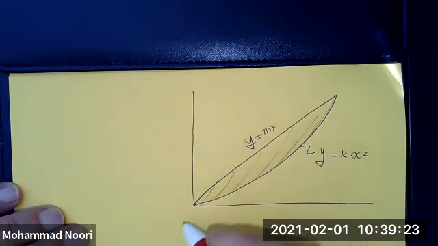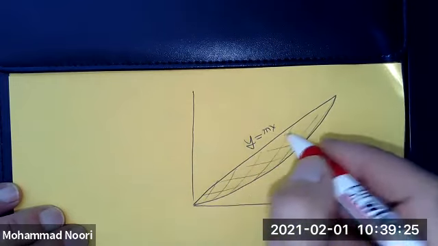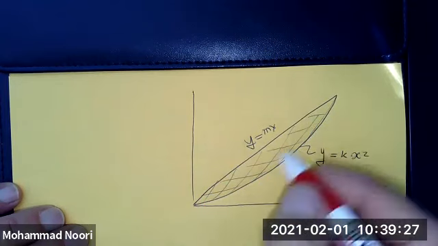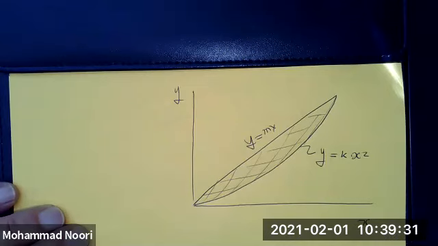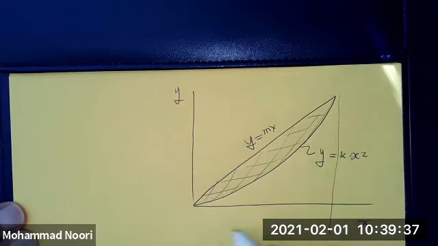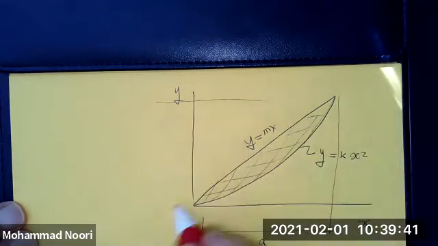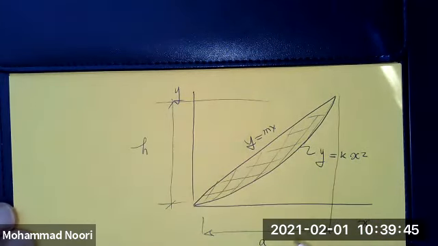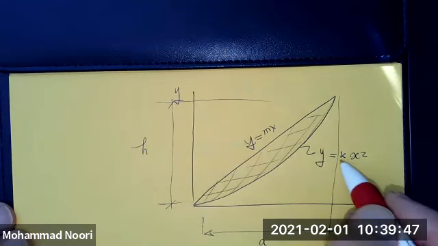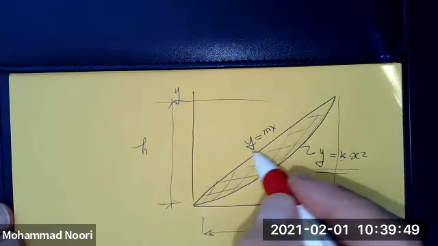The intersection of these two describes this area that we want to find its centroid. This is the procedure. So I will present this problem, and of course, this distance is given as a, and this distance is given as h.